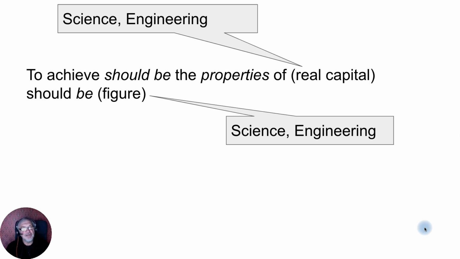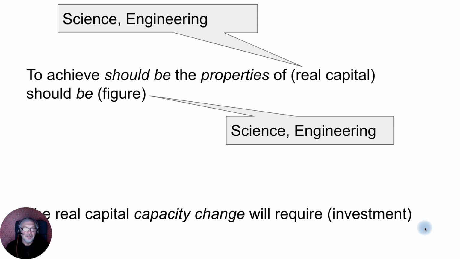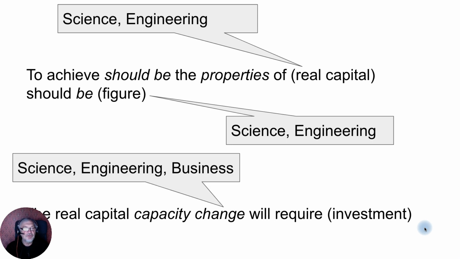So the should be is real capital and science and engineering. But where does the rest come in? Well, the real capacity change will require investment. And for the capacity change, we need to ask science and engineering and business into the room to look at how it's possible for firms to create that capacity change. Economics can bring together the investment required.